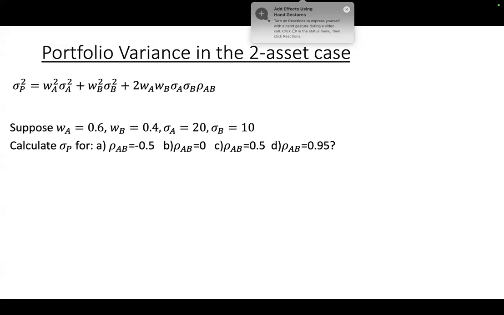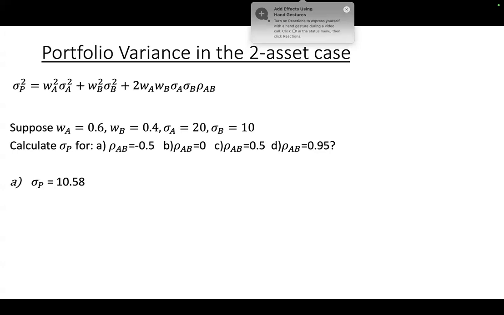So easy. Plug in 0.6 for WA, 0.4 for WB, 20 for sigma A, 10 for sigma B, and then each time we do something different for the correlation coefficient. Let's get started with -0.5.